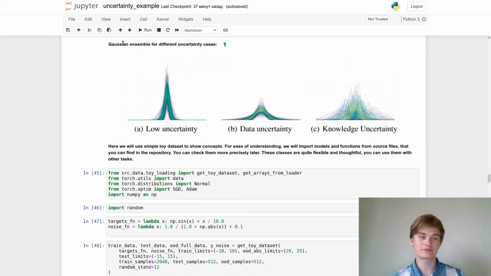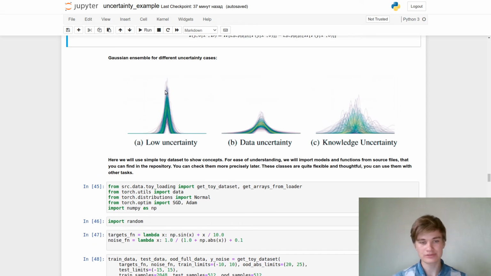So, for example, if we work with the Gaussian ensemble, then with low uncertainty we will have small variance, and all ensembles will predict nearly the same mean.